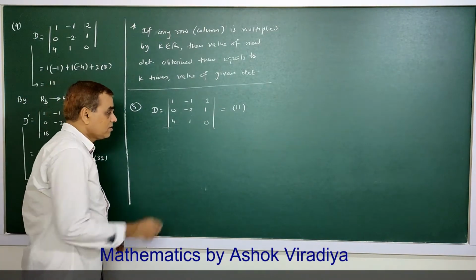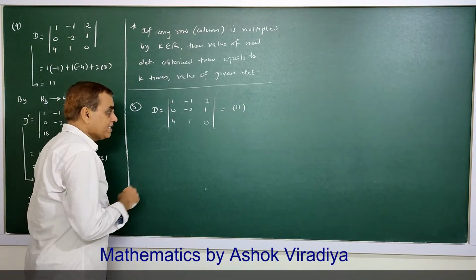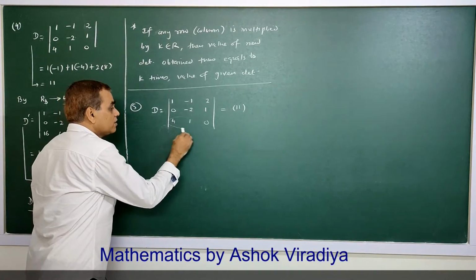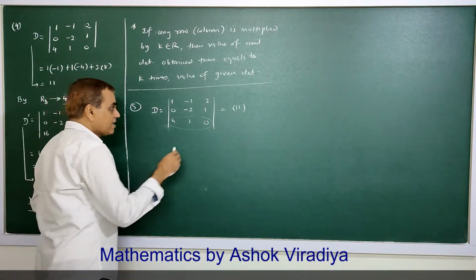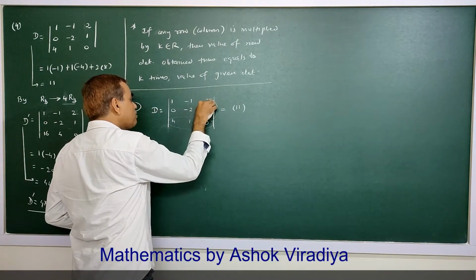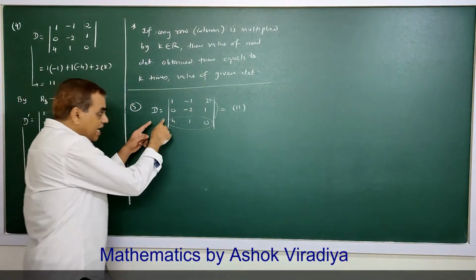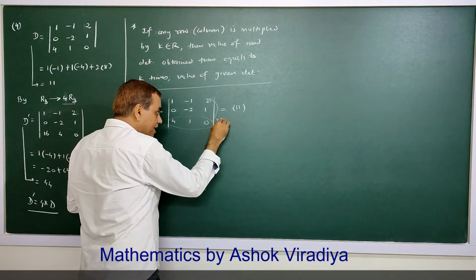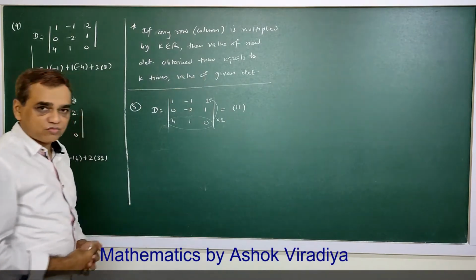Now here I am multiplying the elements of the third row by 2 and adding the products into the corresponding elements of the first row.